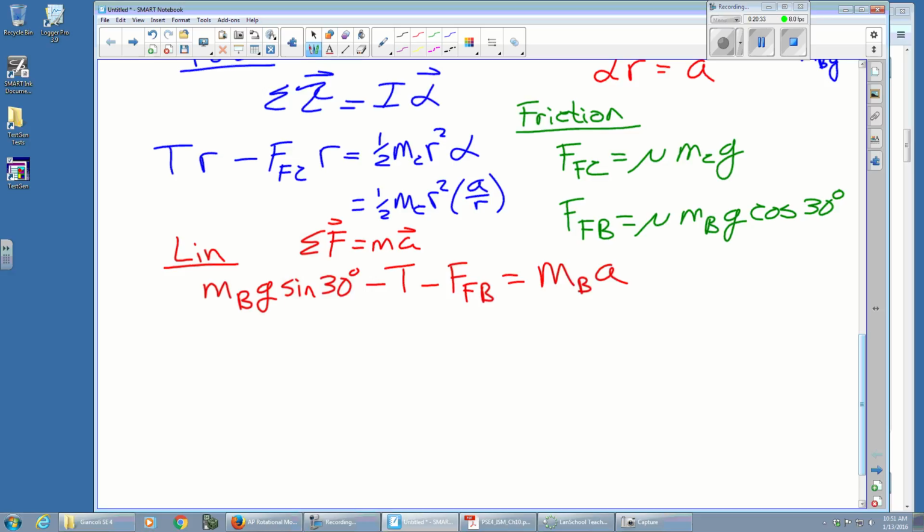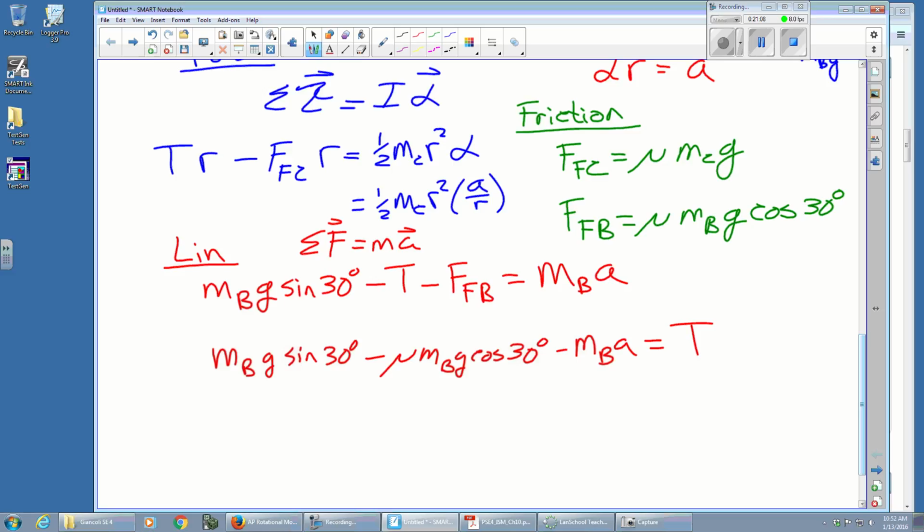So we're going to have m_b g sine 30 degrees minus mu m_b g cosine 30 degrees minus m_b A equals T. All right, solving that for tension.